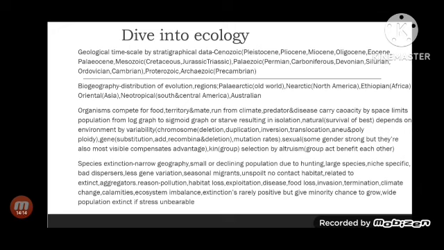So there are levels in the hierarchy of ecological organization, right? First is the individual organism. It is a single organism, right? A single body which can do all its life processes independently.